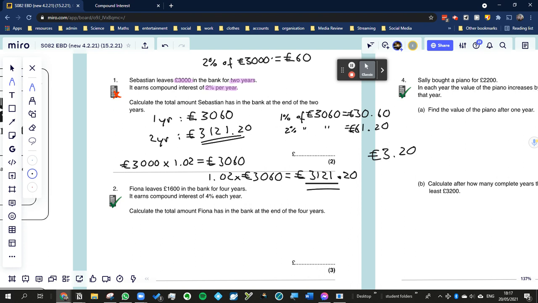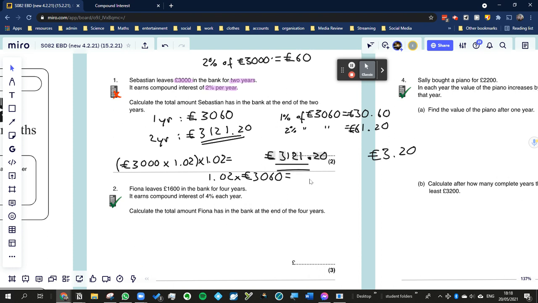Now I could even do something else. I could skip a few of these calculator stages, because eventually what I did is I did 1.02 times the answer to a previous calculation. So instead of actually doing that previous calculation, I could just do 1.02 of all of that. So I could do that multiplied by 1.02, and that would give me my final answer. Yeah?